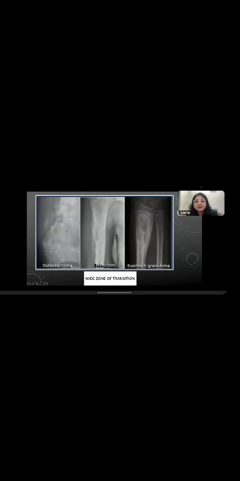Eosinophilic granuloma is one of the benign lesions which shows a wide zone of transition and is difficult to differentiate on X-ray alone.